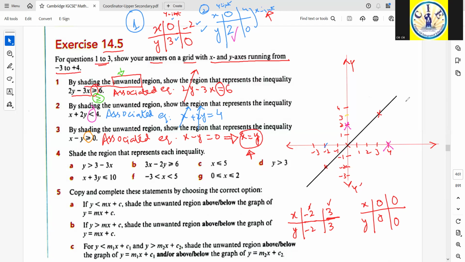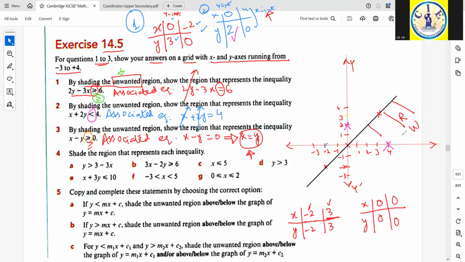And now we need to have the shading of the unwanted region. Now you see, we are having the inequality that is greater than or equal to. So the region after this line, this one is the region that we require, that we want.